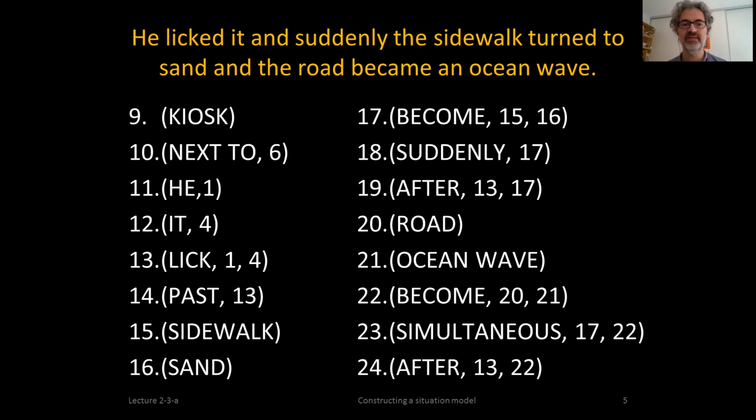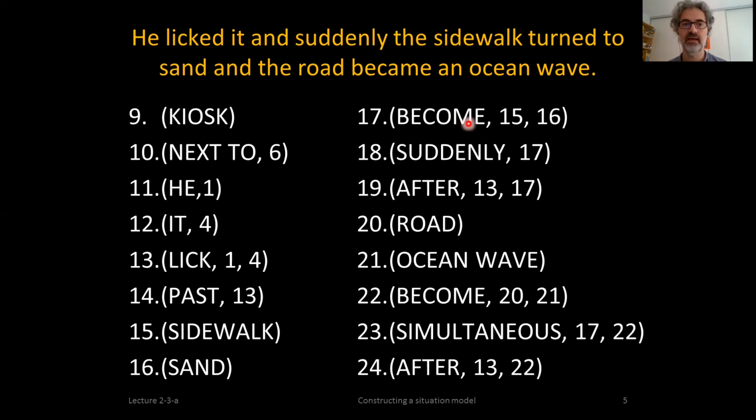Because I'm representing that the two becomings happen at the same time, this implies that the second becoming is also happening after the licking. So it's a sort of an inherited connection, an inherited relationship.